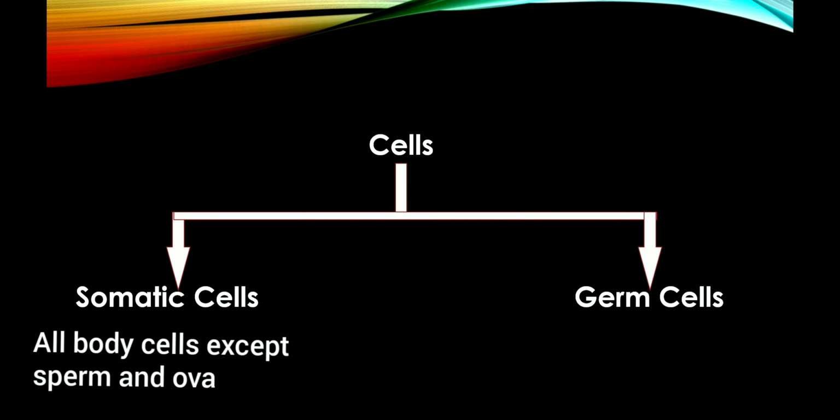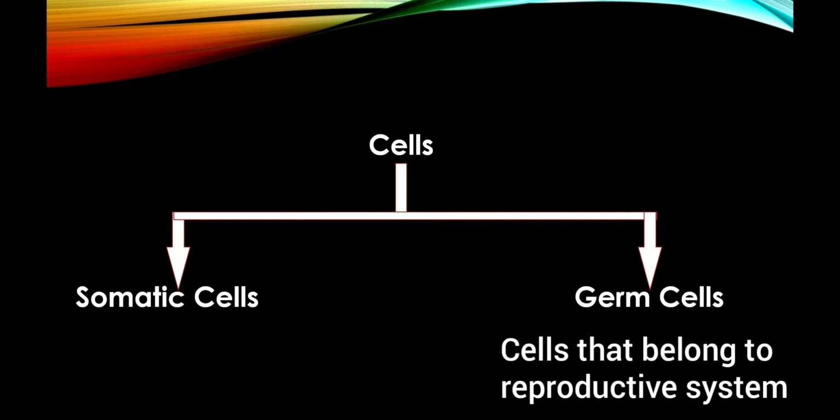So somatic cells are body cells except sperms and ova. Then the second one is germ cells. So what is a germ cell? That means the cells that belong to the reproductive system are called germ cells. It includes sperm and ova.